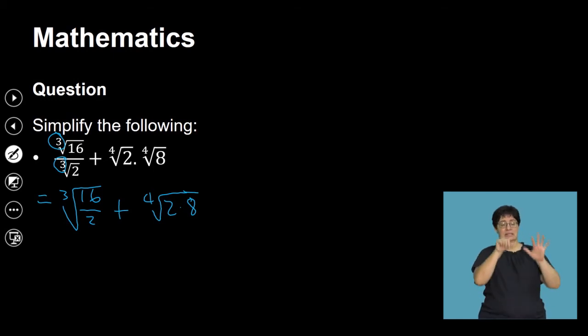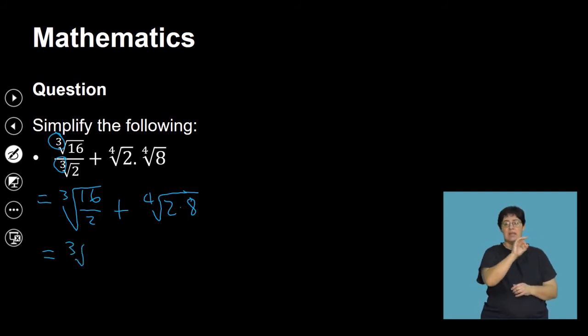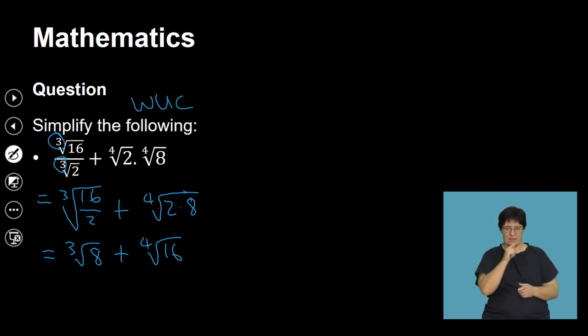Then remember, 16 divided by 2 is supposed to be 8, and then it means I will have the cube root of just the 8, plus here I will have the fourth root of 16, right? And then normally they say to you without the use of a calculator. So make sure that you do try to master this without using a calculator.